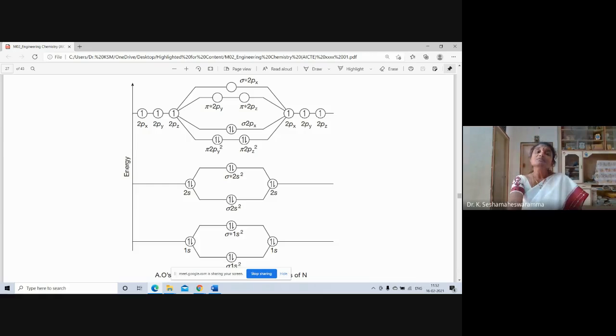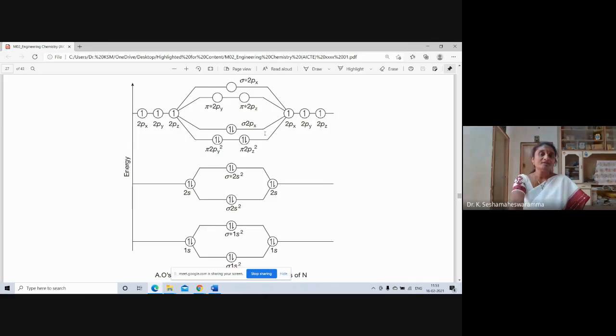Pi 2py and pi 2pz have equal energy, hence the first electrons fill these orbitals equally: pi 2py1, pi 2pz1, then pi 2py2, pi 2pz2. The remaining 2 electrons enter into sigma 2px.